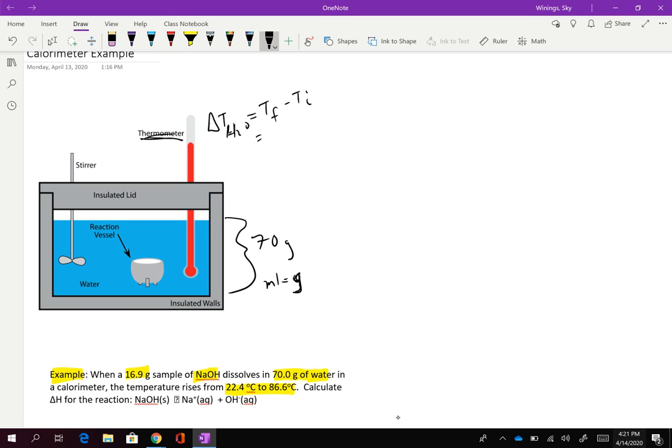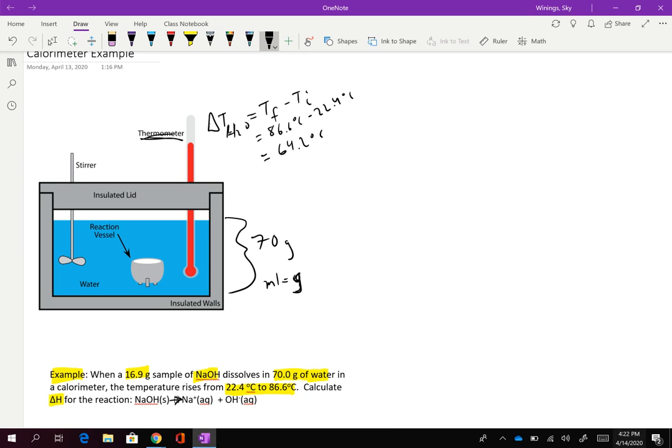That's equal to 86.6 degrees Celsius minus 22.4 degrees Celsius, and we get an answer of 64.2, I believe. And let's see, what else do we have down here? It says calculate the delta H of this reaction.